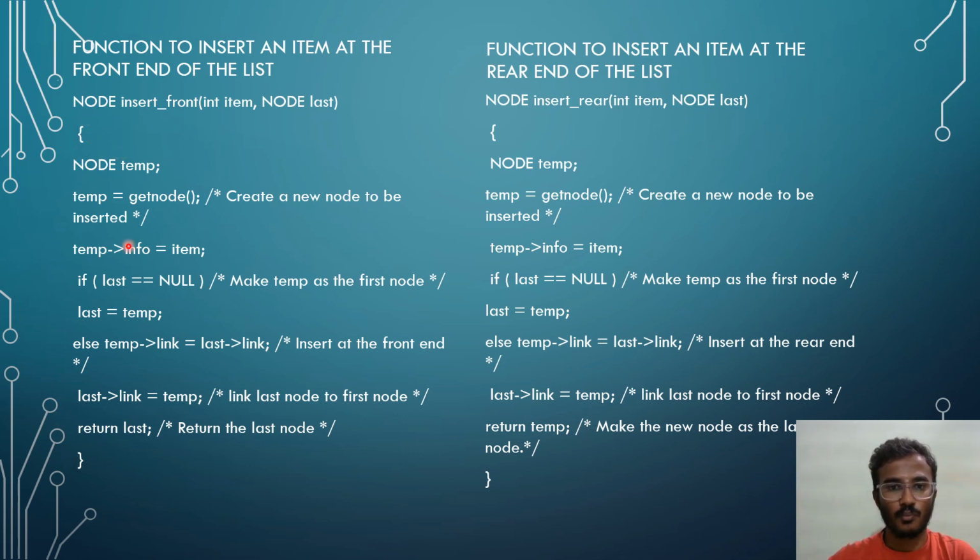This is the function body. Node temp is the variable declaration where temp is a pointer to a new node that will be created and inserted. Temp is equal to getNode. Here we are creating a new node. Then if last is equal to null, here we are checking for an empty list.